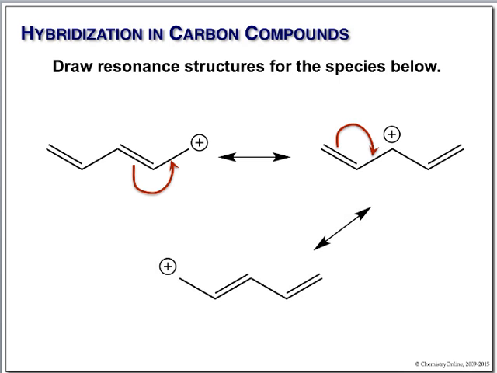If we do this again, we wind up with this carbocation. Again, our prediction would be that in this molecule, we would have positive character at carbons 1, 3, and 6.